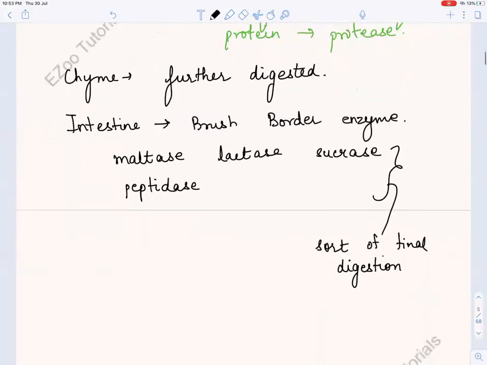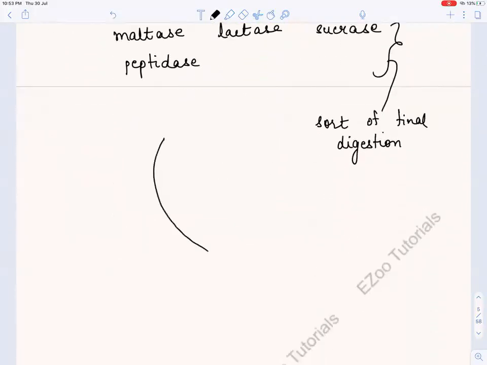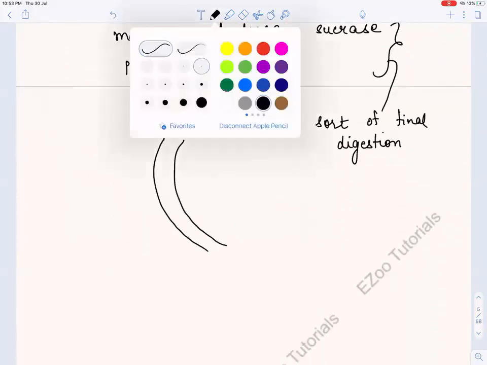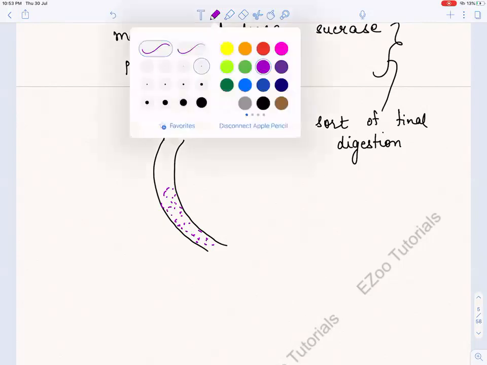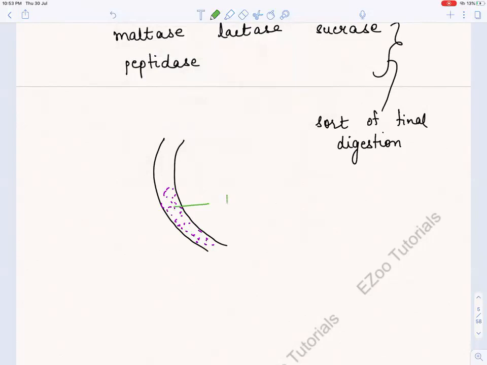So what happens is, if this is the small intestine, the food gets broken into many tiny, completely liquefied particles which can be easily absorbed. So now the body can actually absorb these. This is a small intestine.